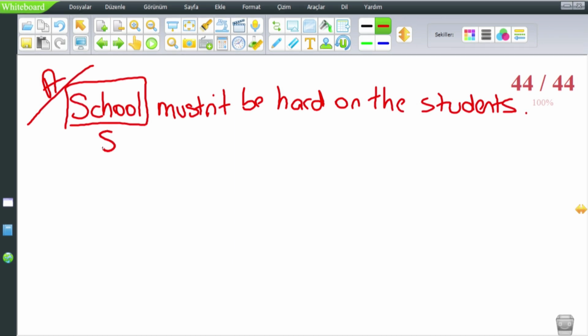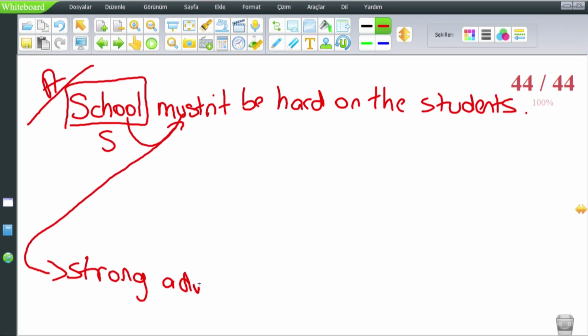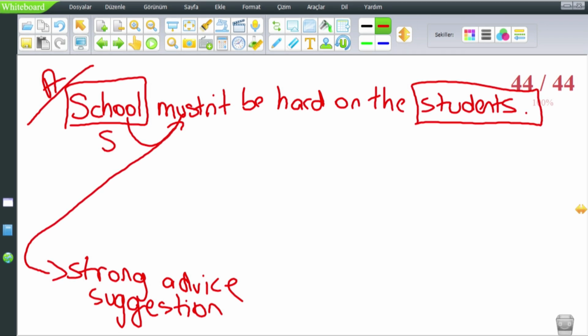School is the subject who actually makes the verb of the sentence, the action of the sentence, but we're talking about a strong advice, suggestion here, and it affects the object.